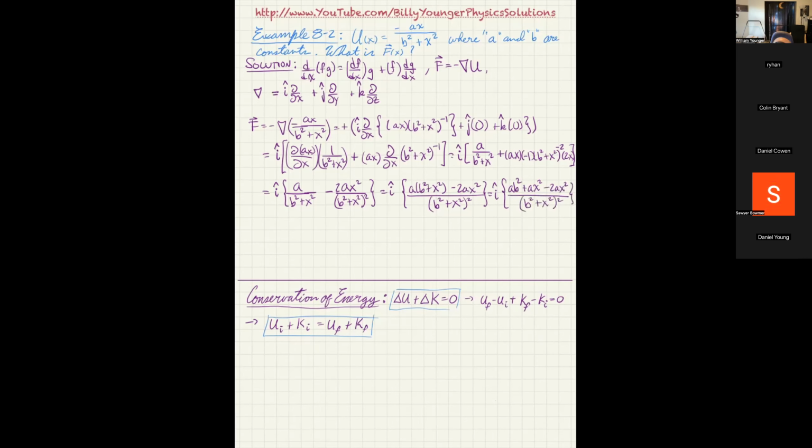So finally I can say the force is actually only pointing in the x direction, and therefore it only has an I hat component. But you can see ax squared minus 2ax squared is negative ax squared.